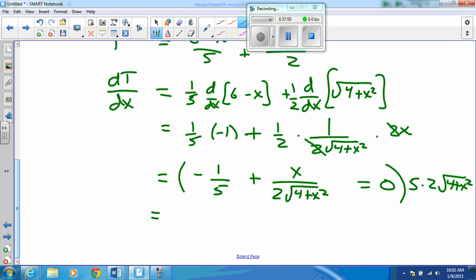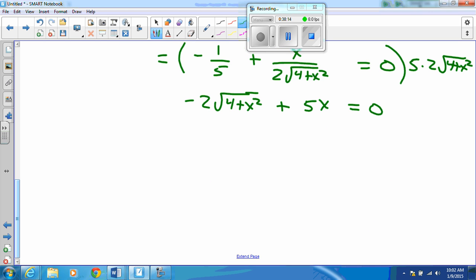When we do, in the first term, the factors of 5 cancel, leaving me with -2 times 4 plus x squared. In the second term, the factors of 2 and root 4 plus x squared cancel, leaving me with 5x. And on the right-hand side, 0 times anything is still 0. So we now have this equation here, which looks much more tractable.